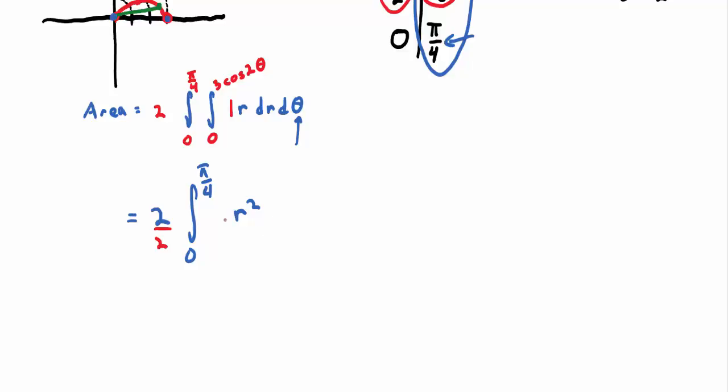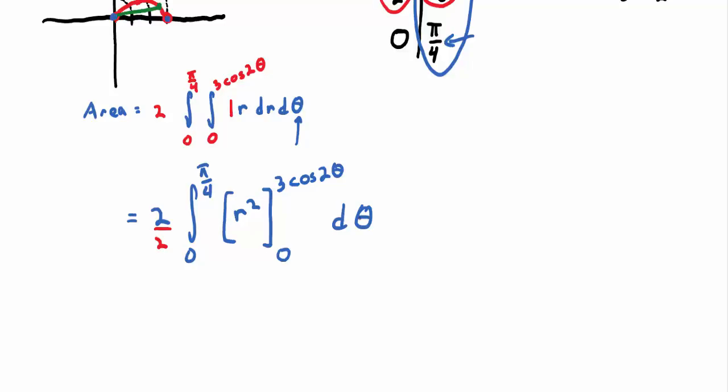And then what am I evaluating r squared from? From 0 to 3 cosine 2 theta, and we still have the d theta, right? So we're just evaluating the inner integral right now. Is that clear?